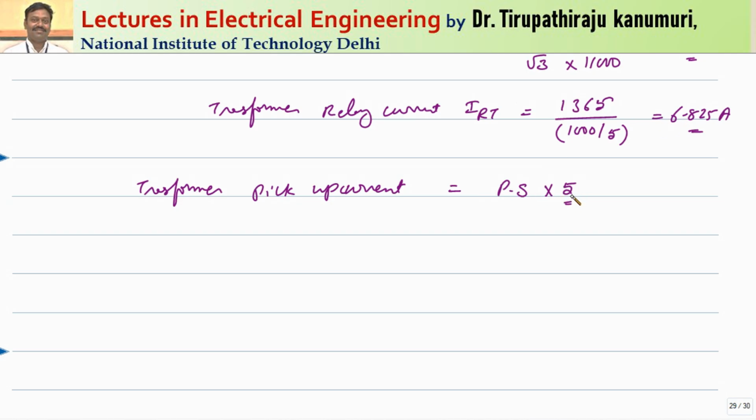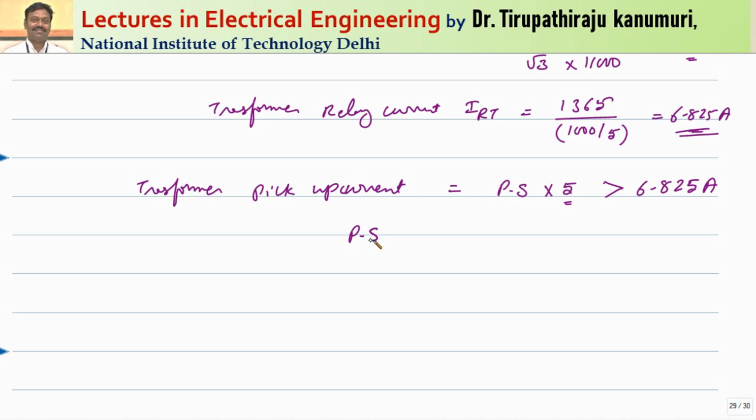So plug setting multiplied by 5 should be greater than 6.825 amperes, because up to 6.825 amperes it should not operate. It should not operate under overload. It should only operate whenever the current is greater than the overload capacity. Then that is considered as the fault. So that's why I have taken it as greater than 6.825.